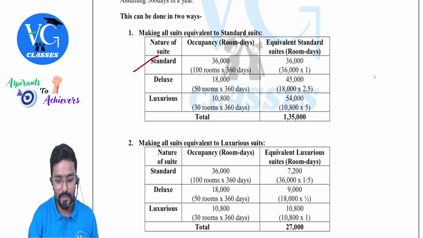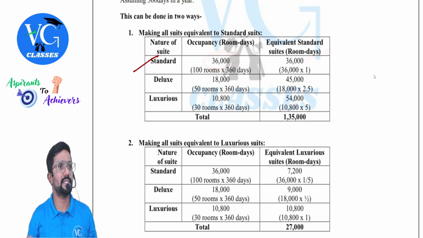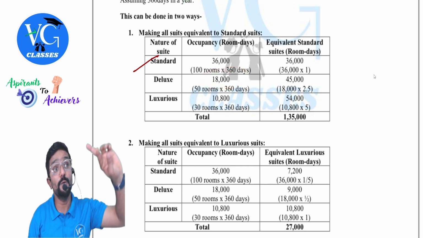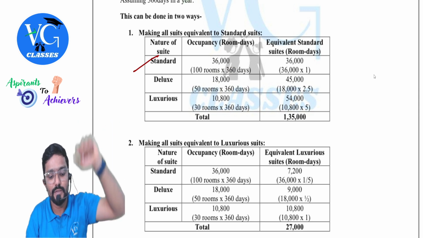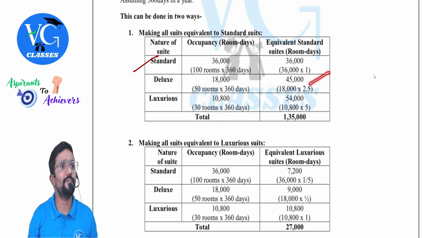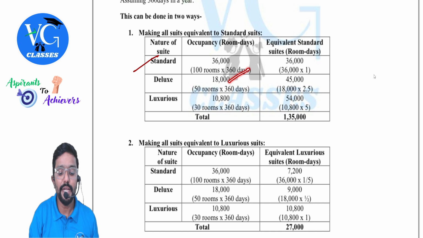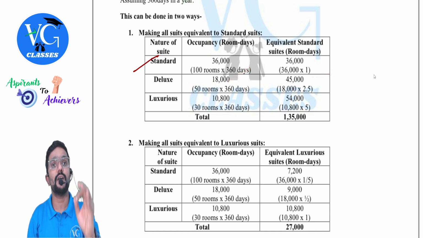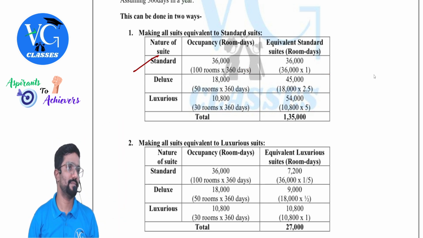Equivalent to standard, 36,000 into 1 is 36,000 because it is the same. Whereas when it comes to deluxe, it is 2.5 times standard. So 18,000 into 2.5 gives you 45,000, which means 18,000 deluxe room days is equal to 45,000 standard room days.